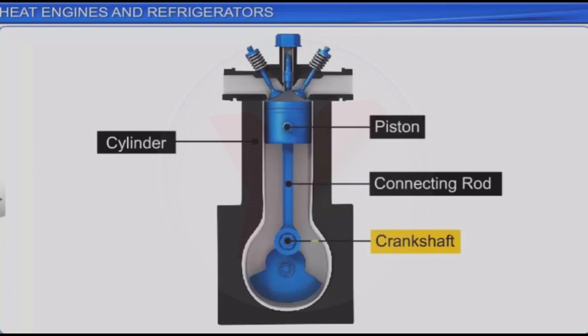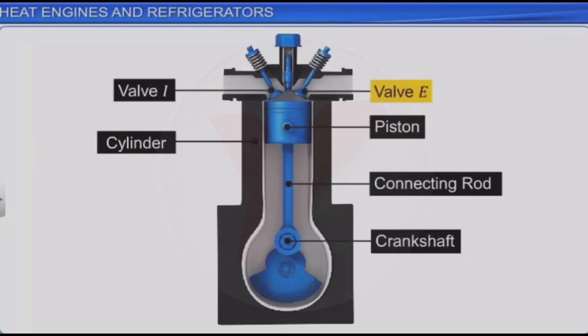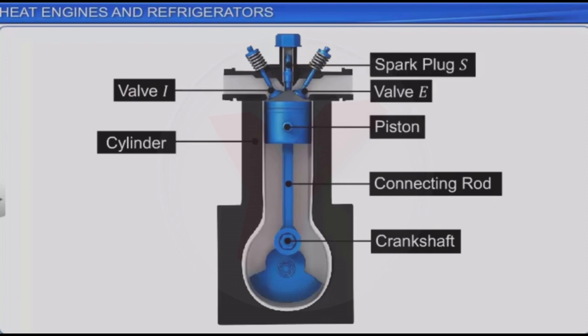There are two valves fixed at the top of the cylinder, I and E. Valve I is used to allow fuel into the cylinder, and valve E is used as an outlet of burnt gases. S is the spark plug used to produce electric sparks.